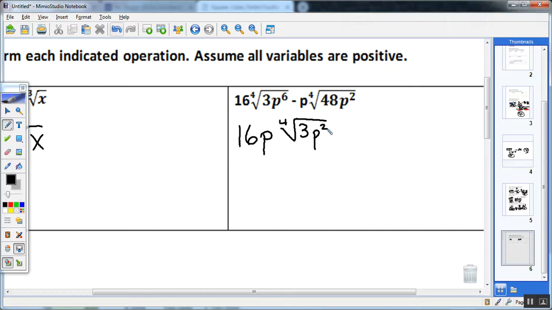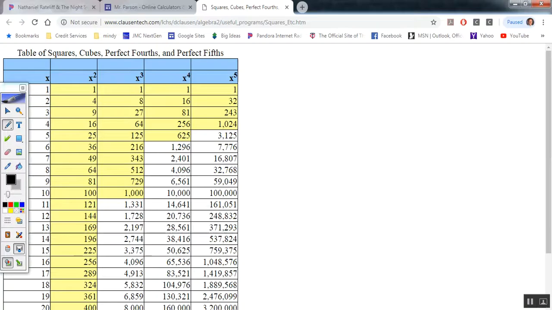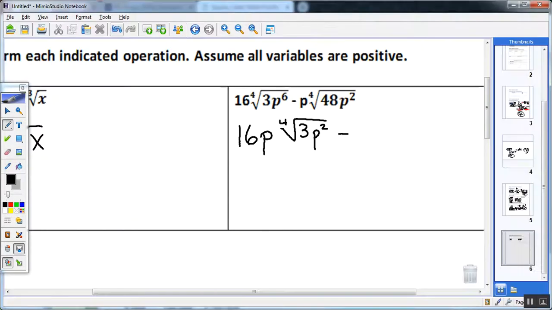You guys agree with that? Okay, then minus. Can 4 go into 2 here at all? No. But we better check and see if we can find a 4th root of what? 48. Is there a 4th root that goes evenly into 48? How many times? 3.